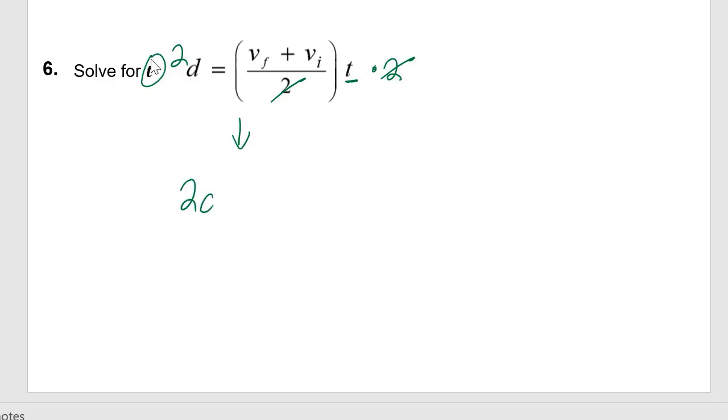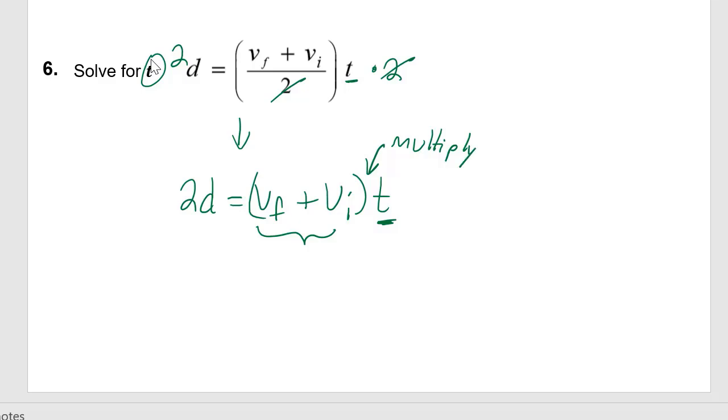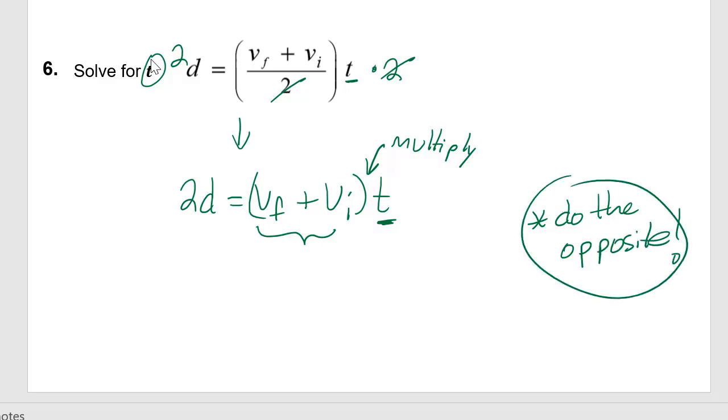So we get 2 times d equals (VF plus VI) times t. And then we want t by itself, so we need to get rid of the brackets here. Remember, the brackets are multiplied by t, so we do the opposite. The opposite of multiply is divide.